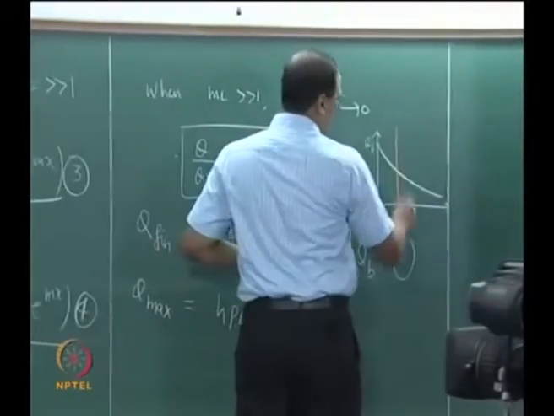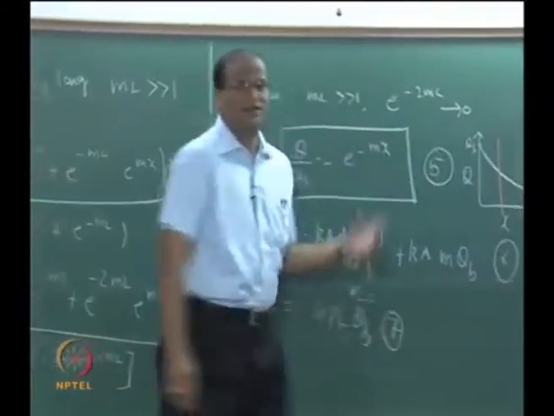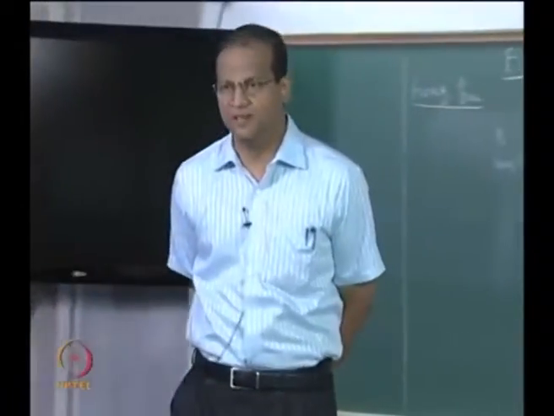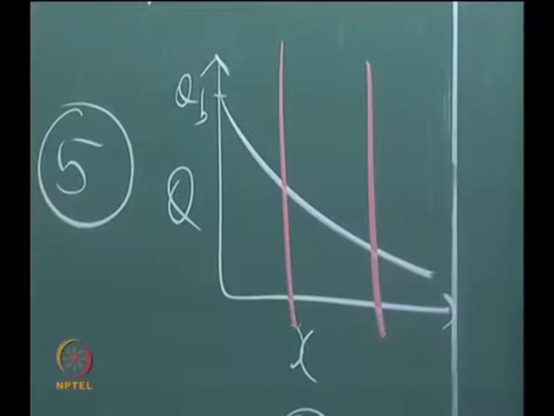If you take a 10 centimeter long fin and divide it into 3 parts, 3.3, 3.3, 3.3 centimeters, the first 3.3 centimeters will give a terrific heat transfer rate because theta is very high. The second 3.3 will give okay, the last 3.3 will give very poor heat transfer rate.